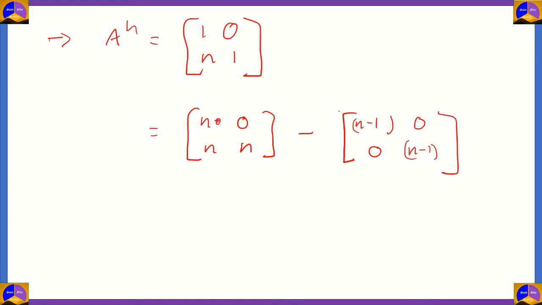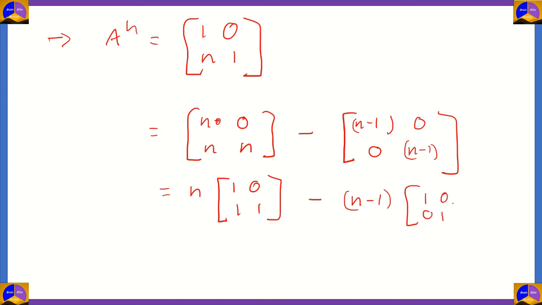So this expression will be the same as the value of A raised to n. Now [n, 0; n, n] will be the same as writing n times [1, 0; 1, 1], minus [n minus 1, 0; 0, n minus 1], which will be the same as writing n minus 1 times [1, 0; 0, 1].